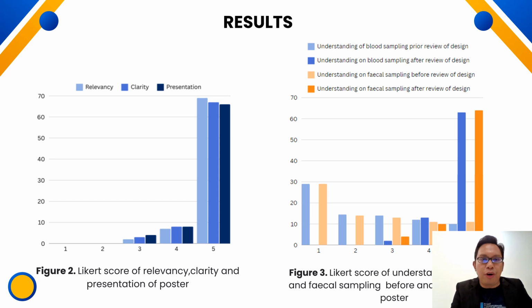And these are the results of the statistical analysis. Figure 2 is a Likert score for relevancy, clarity, and presentation of the poster, where we can see that a total of 69 of the 78 respondents strongly agreed that the content in the poster is relevant to the procedure. 67 respondents strongly agreed that the poster provides clarity in explaining the procedure, and 66 respondents strongly agreed that the presentation of the poster is suitable in presenting the procedure.